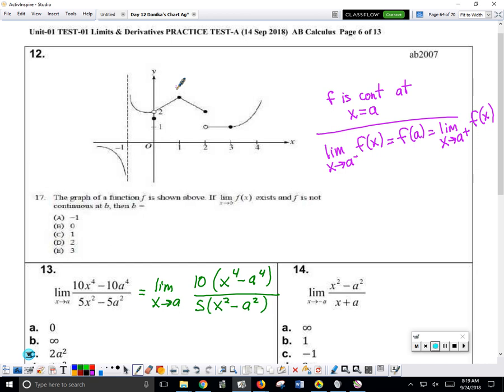First thing, what are the 3 types of discontinuity? Vertical asymptote, removable, jump. Second thing, definition of continuity at a point. Third thing, what causes a function to be not differentiable? To be differentiable, it must be continuous.